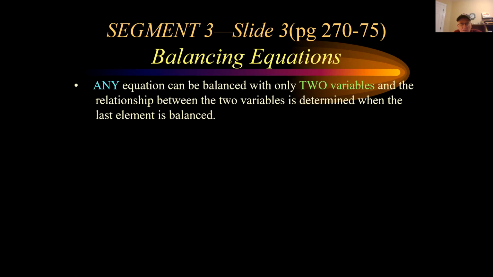I balanced one equation where I think the largest whole number coefficient in the balanced equation was 1837. Yes, I said 1837. Do you think you could ever in your lifetime just guess numbers until you come up with that number?